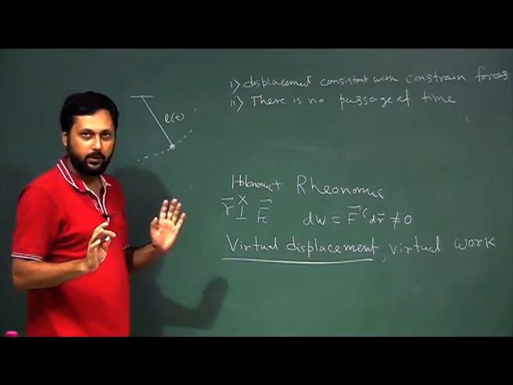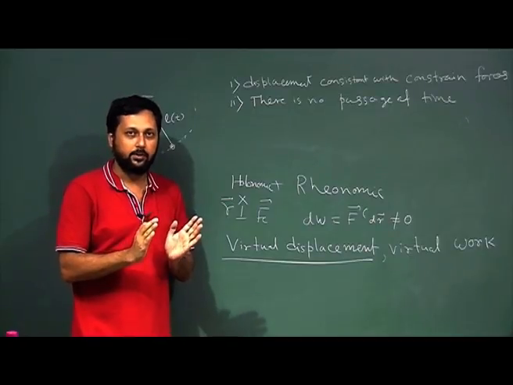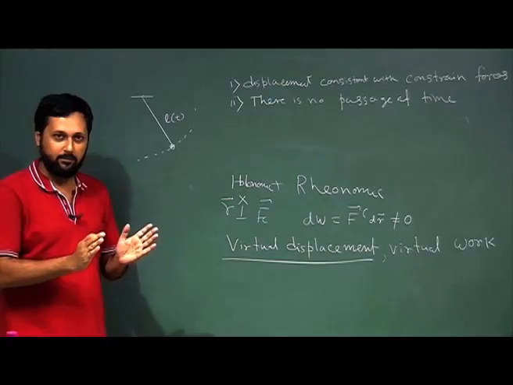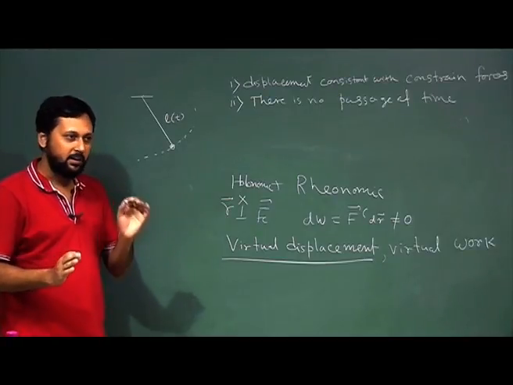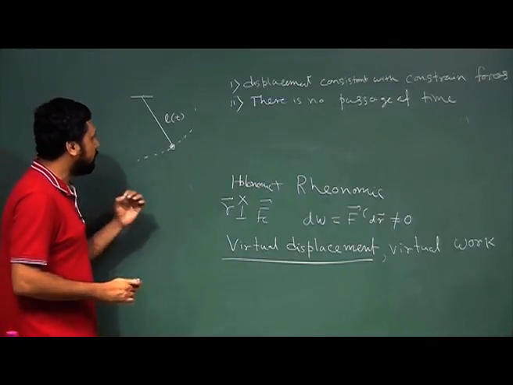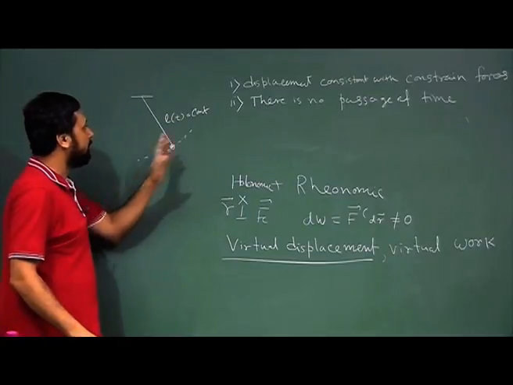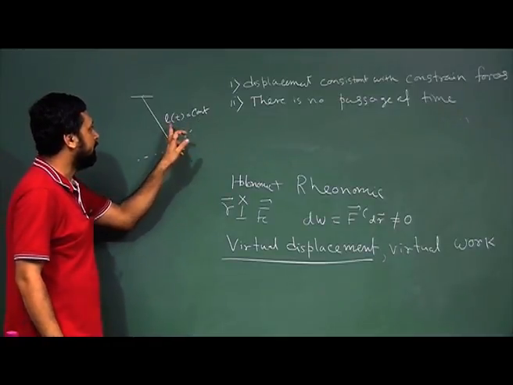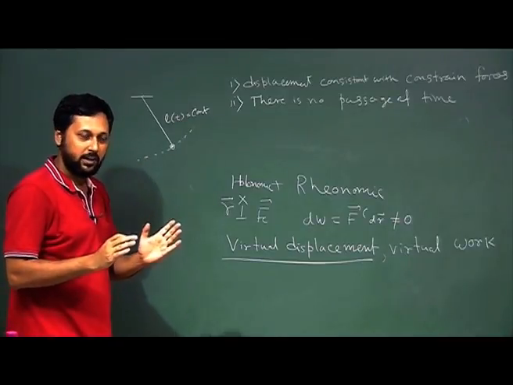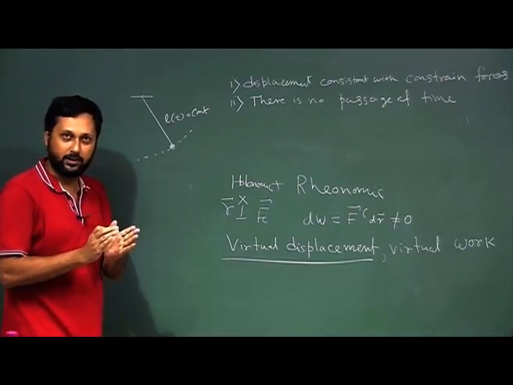It is a bit difficult to understand. We are assuming there is no passage of time, no time elapsed, but there is a small displacement which has to take place keeping this L constant, because L changes as a function of time, and because there is no passage of time during that displacement, L remains virtually constant.